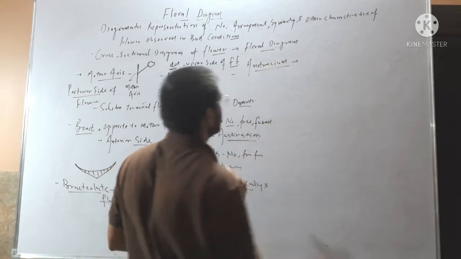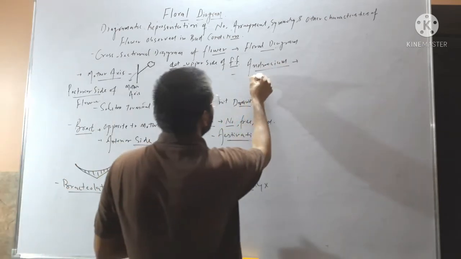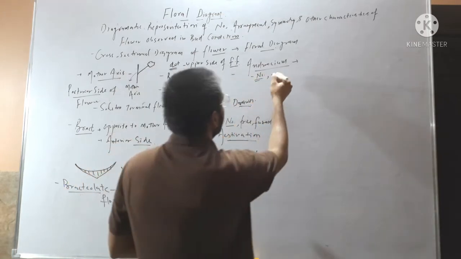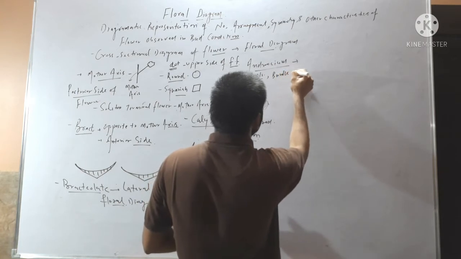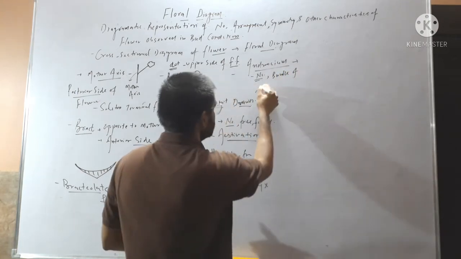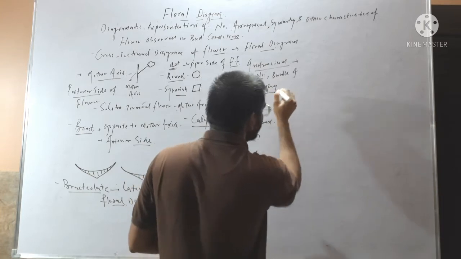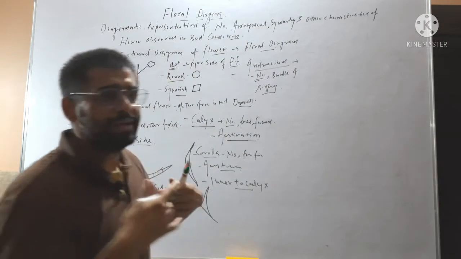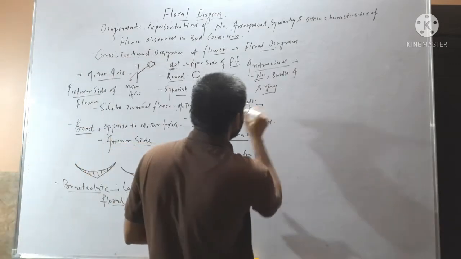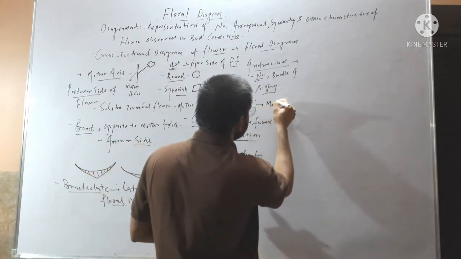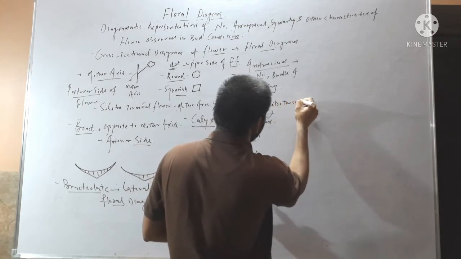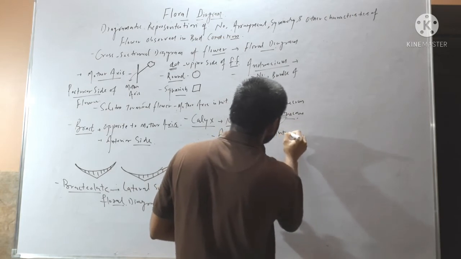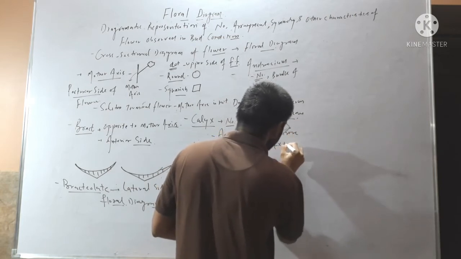The next is androecium. First we will note the number of stamens. Are they in bundles or single? They may be monoadelphous, diadelphous, or they may be free. Then are they monothecous, bithecous, introrse, extrorse?